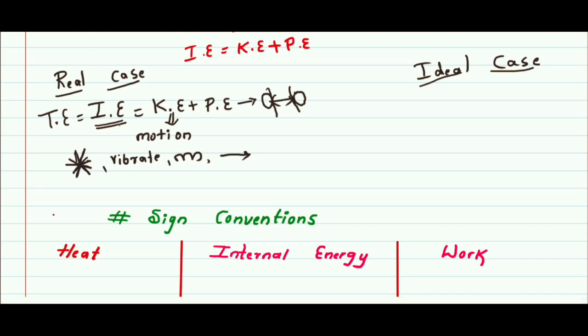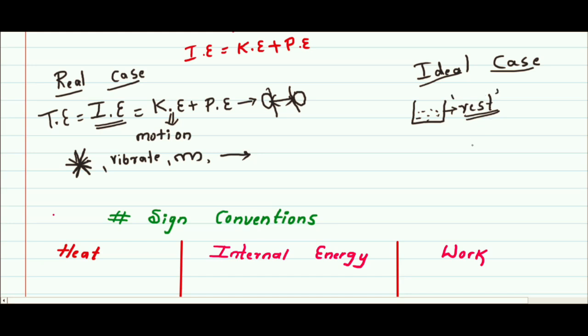So in the real case, total energy is equal to kinetic energy plus potential energy. But what happens in the ideal case? Ideal case means we consider the container to be at rest, a container having some particles in a rest position.